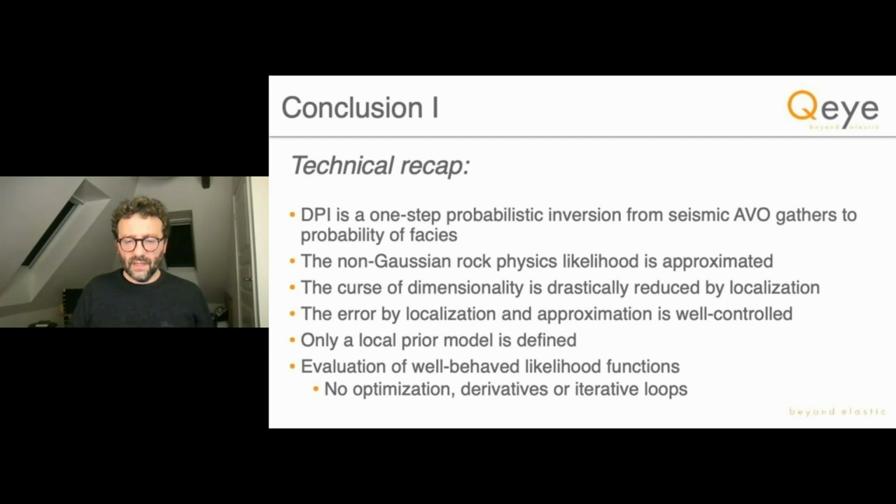And we can see that DPI is very robust because we simply evaluate very well-behaved functions, and we have a Bayesian prior to stabilize the solution. And these nice mathematical properties are seen on real data to have positive consequences.